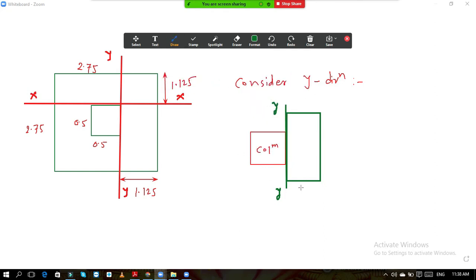This distance is 1.125. And how much is this total distance? This is 2.75.